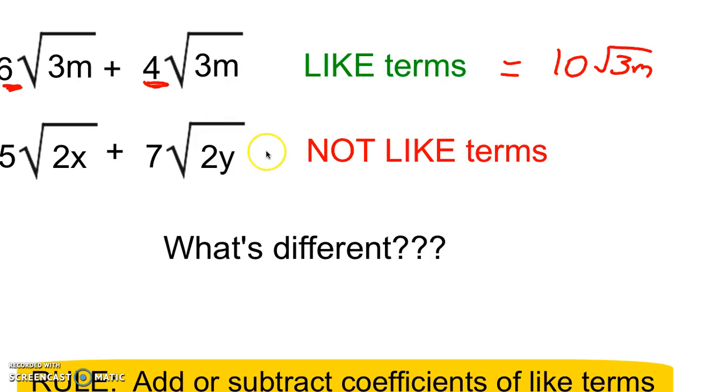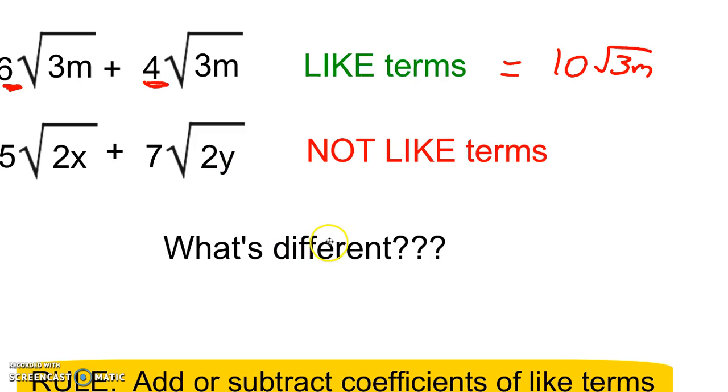The second example here is an example of what terms look like when they are not like terms and we can't combine them. Notice the radicands here both have a 2, but one has an x and one has a y. These are not like terms, and you would not be able to simplify this expression. It is in simplest form already.